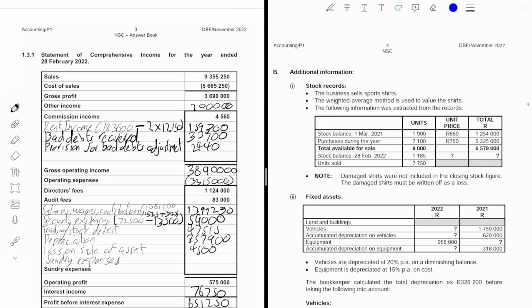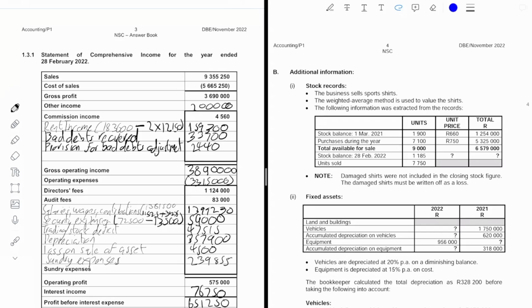And then I have all the items except for the sundry expenses. So I just need to use that as a balancing item, and subtract all my other expenses from this operating expenses figure that I got, and you should get that your sundry expenses work out to 239,855. Okay, and that's our income statement done.